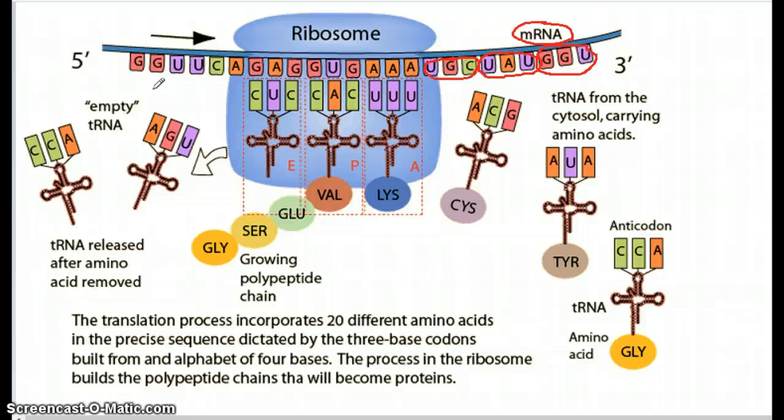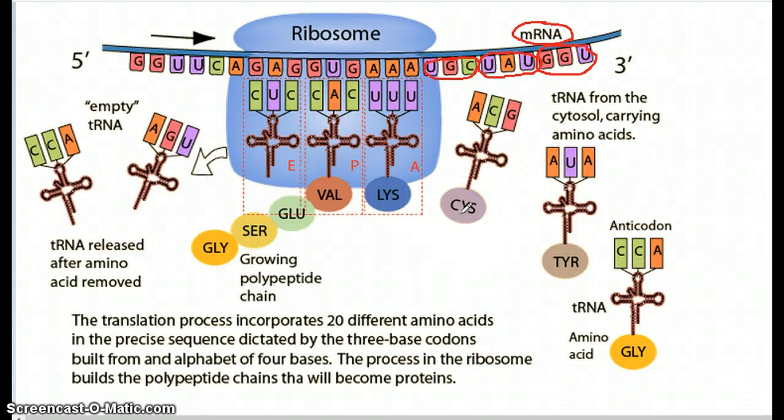Now, once the ribosome is reading it, there's a thing called a tRNA. These things over here have what's called an anticodon, and attached to that tRNA is also an amino acid.